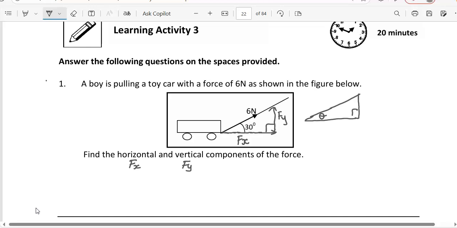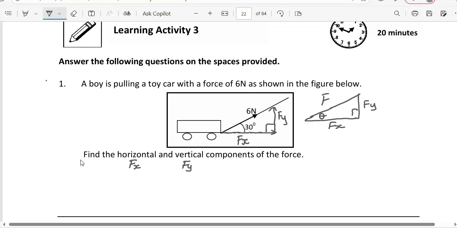This is your Fy, this is your Fx, and the hypotenuse, let's call it F, your force.